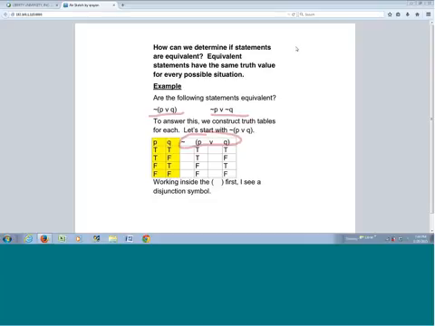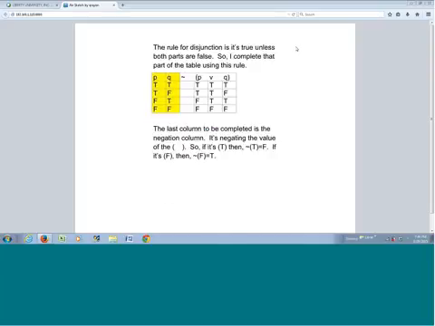So I'm just going to be looking at the P disjunction Q, and we're going to need to follow the disjunction rule, that it's true unless both parts are false. And we do have a situation at the very end where both parts are false. Otherwise, it's true. So what we have now is the value of what's inside the parentheses.